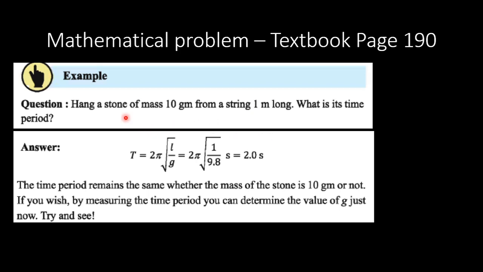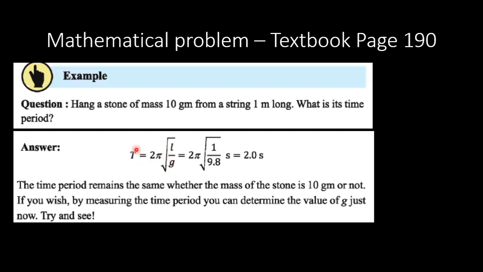Here we see that the time period of a simple pendulum doesn't depend on mass, so we only need to put the value of the length of the string and the acceleration due to gravity g.